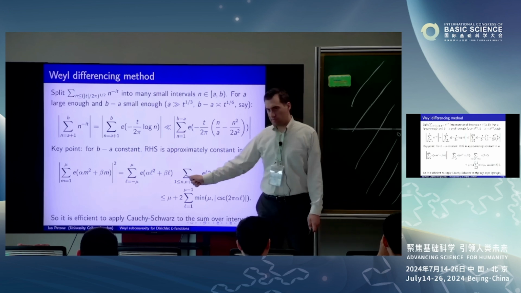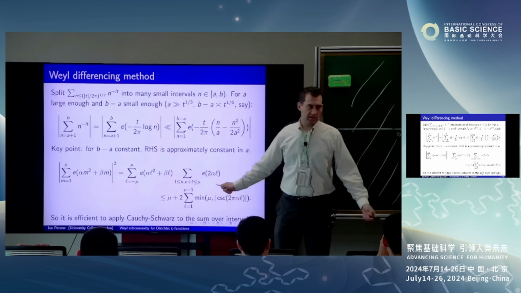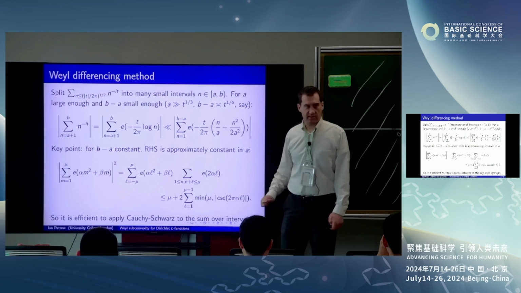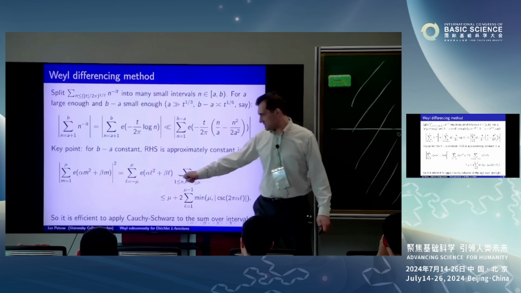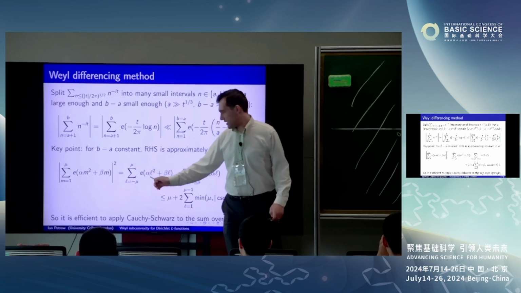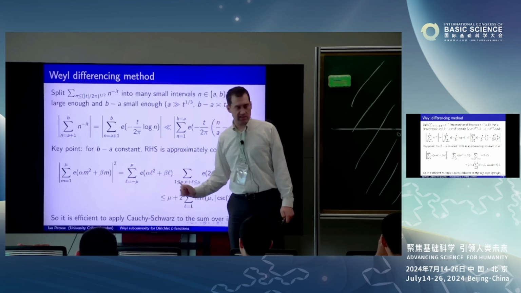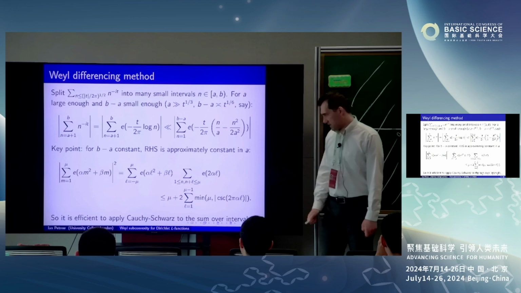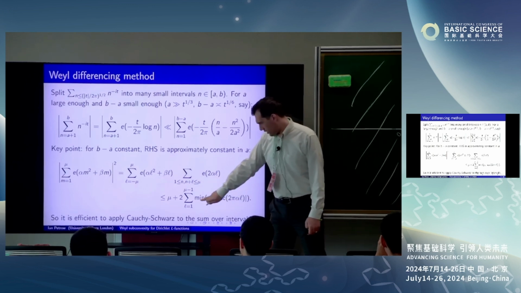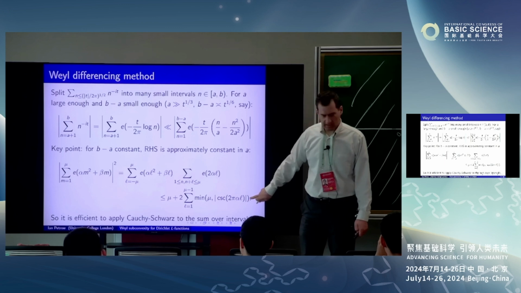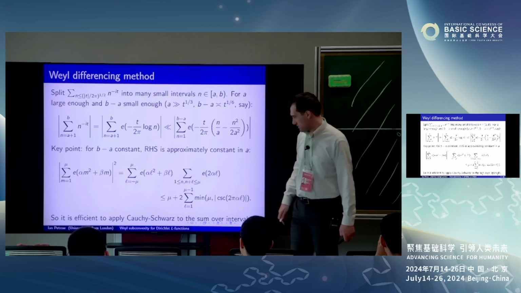This one I can estimate because it's a geometric series, so I know exactly what its size is. I put in the triangle inequality and throw away this oscillation, and the result is something like this. Let me draw this function as a function of alpha.